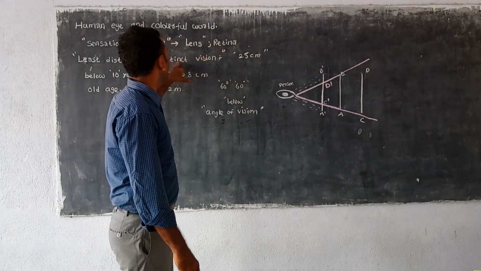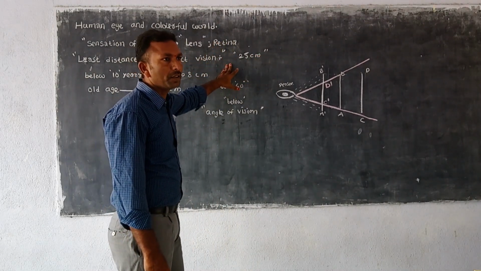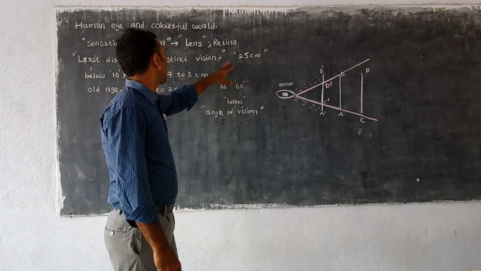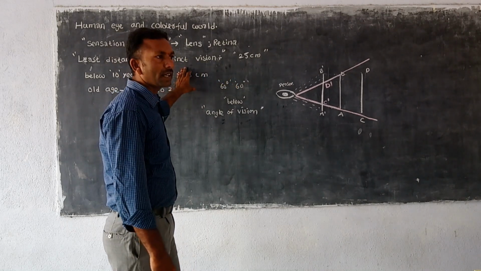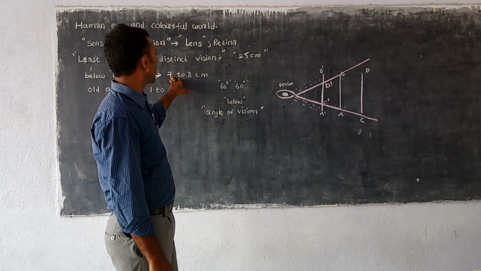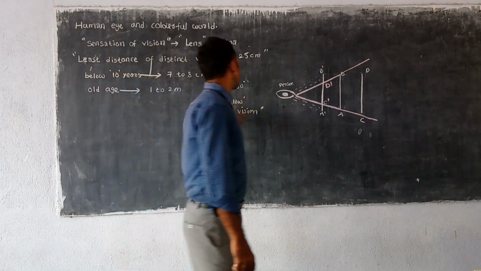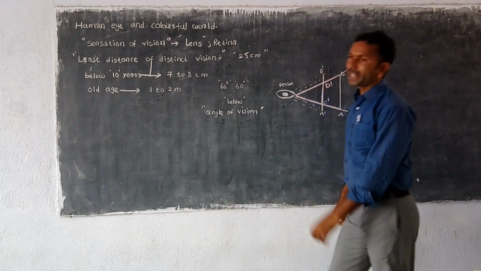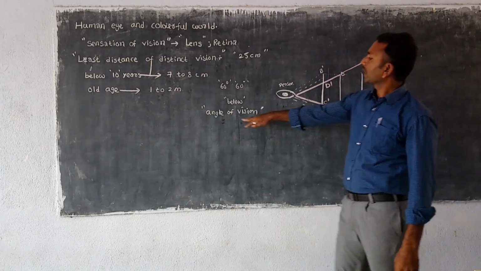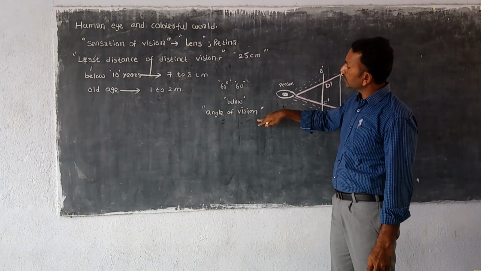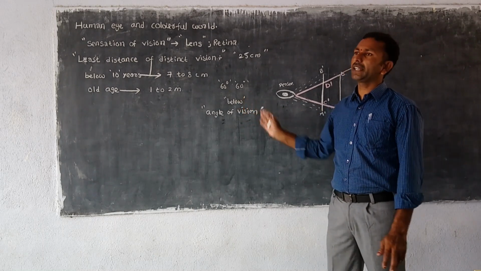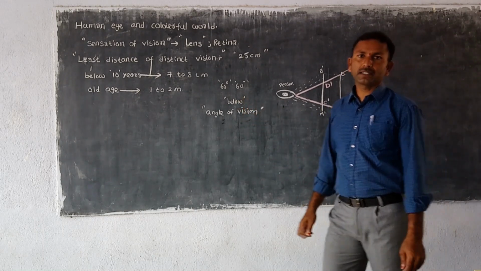And we learned that it varies from person to person and with age. For younger people the least distance of distinct vision is 7 to 8 centimeters. For older people, it increases to 1 to 2 meters. After that, we learned about the angle of vision, which also changes from person to person and with age.